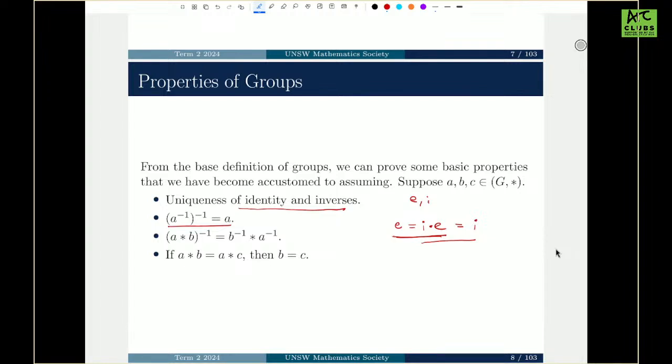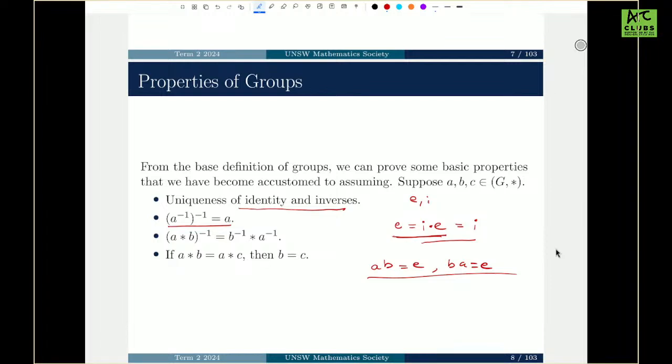Okay, for the next one, the inverse of an inverse is just the thing you started with, for any element. This should be pretty clear from the properties that an inverse has to satisfy, which is AB equals E and BA equals E. If you have these two properties, then by definition A and B are inverses of each other.